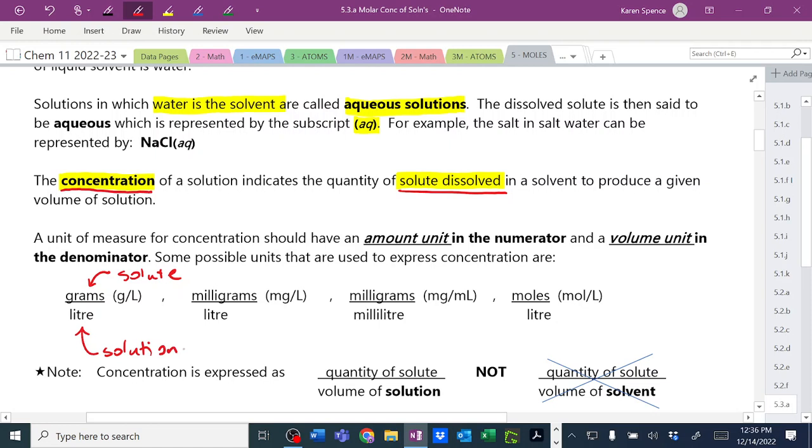We could have milligrams of solute per liter of solution. You'll notice I'm saying solution, not solvent. What is a solution? It is the solute plus the solvent.